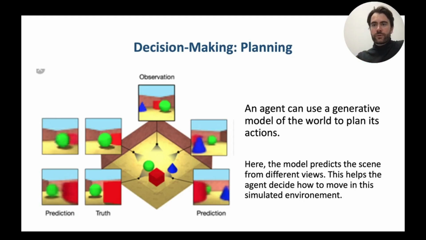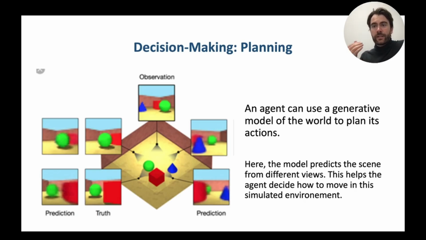Or if it goes to a certain room and looks in a certain direction, it will be able to generate how the world will look from that angle. If an agent has this kind of generative model, then it can use it to plan its future actions and decide what actions to do next.